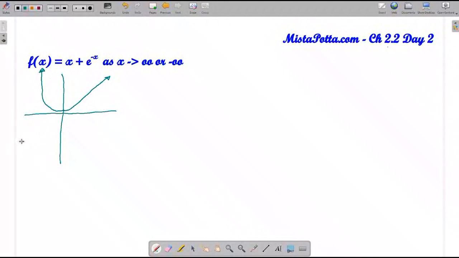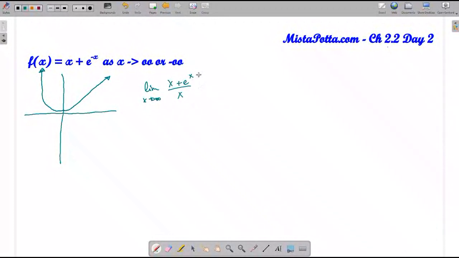And so what I can do is I can look at this in behavior function. I can say, hey, let's take a look at the limit as x approaches infinity, and I want to know, am I really dealing with something that looks like x? In other words, does this end up being a constant value?